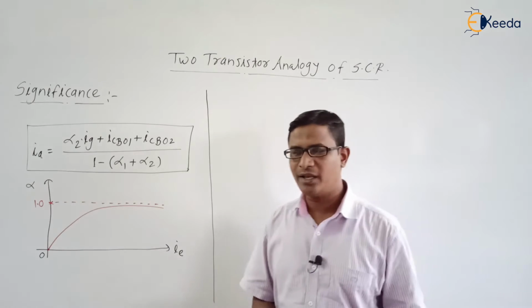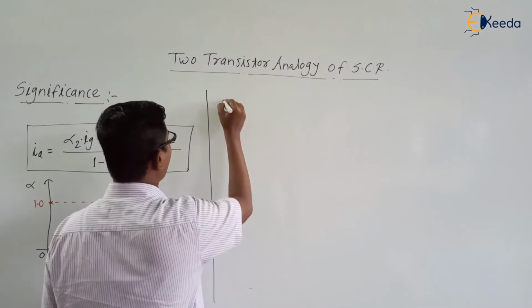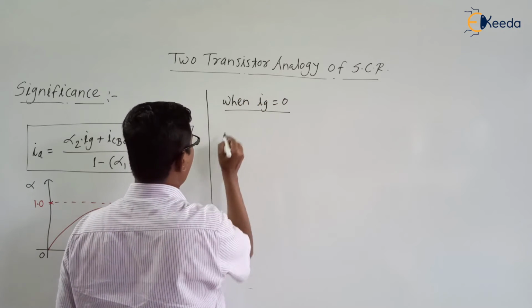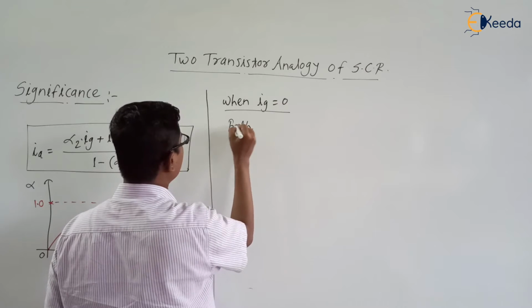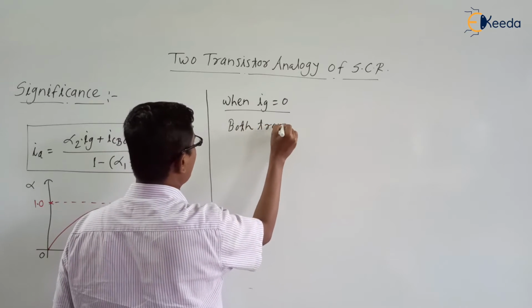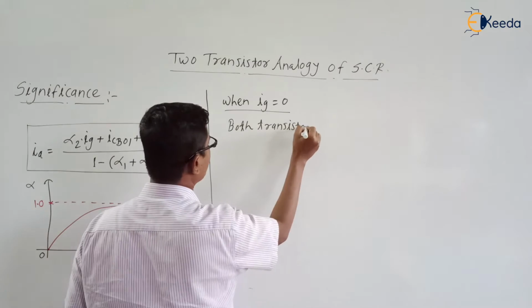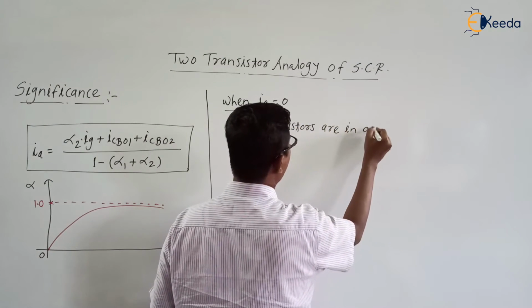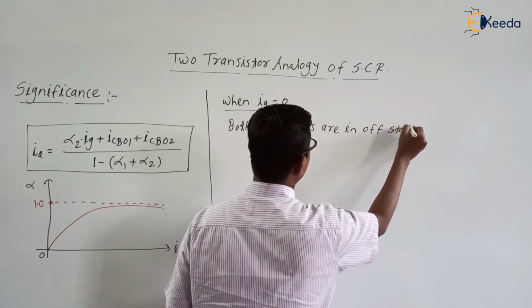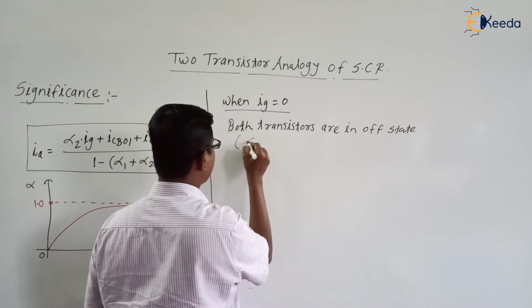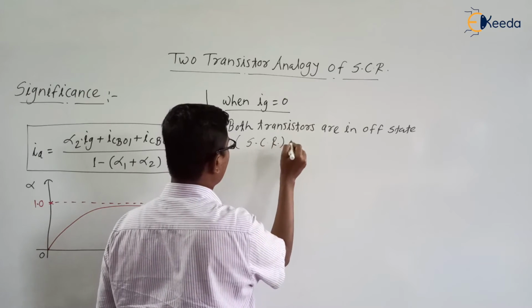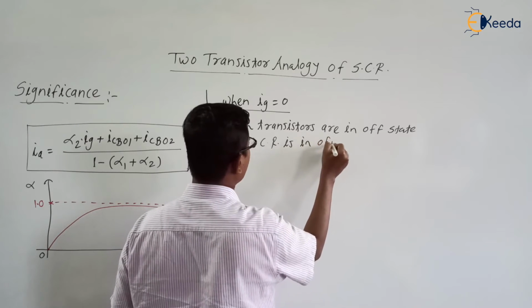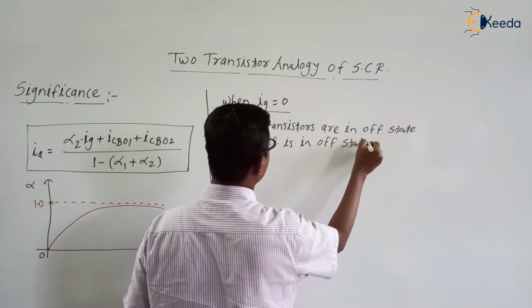So when Ig is equal to 0 and both the transistors are in the off state, this indicates that the SCR is in the off state.